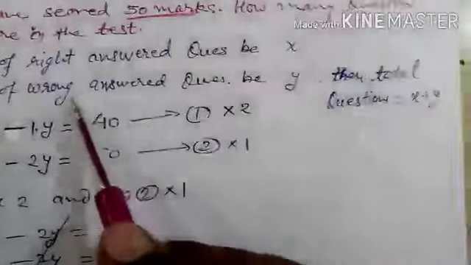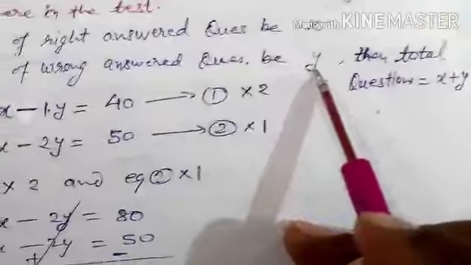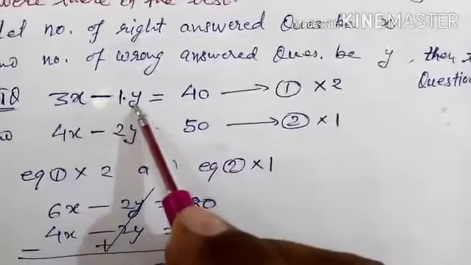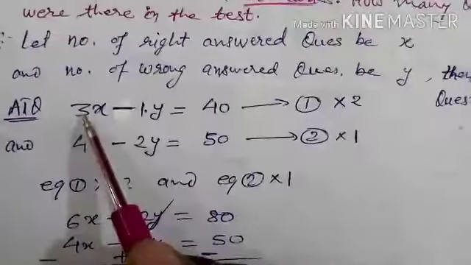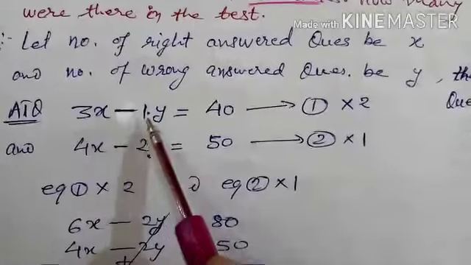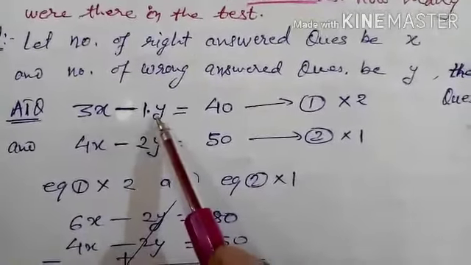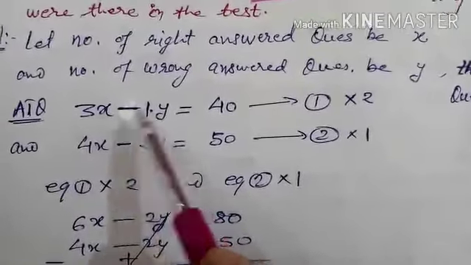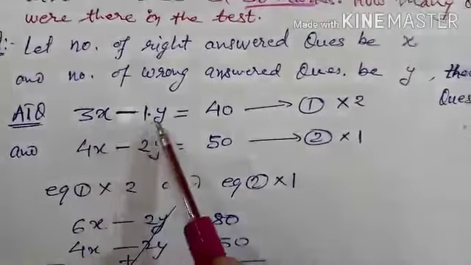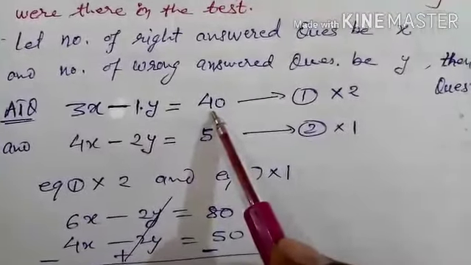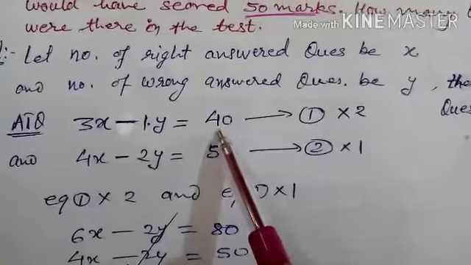But losing 1 mark for each wrong answer, here number of wrong answered questions is y, so it would be 1 into y. Now 3x minus 1 into y, because this number is deducted, that is total 40, because he scored total 40.